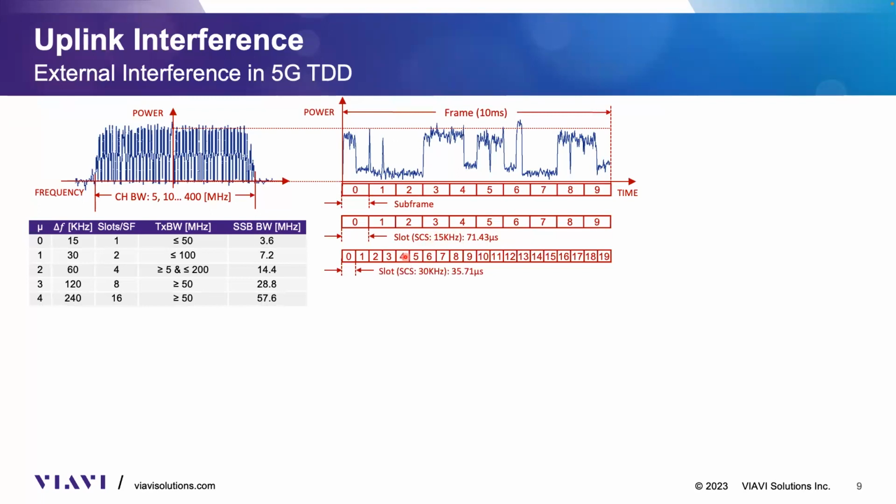Now, if I have a 30 kilohertz subcarrier spacing, as you can see here now, we have one slot as half of a subframe. So we have now more slots. So as you can see, the timing for each one is being reduced. Now, the timing for each slot is about 35 microseconds.